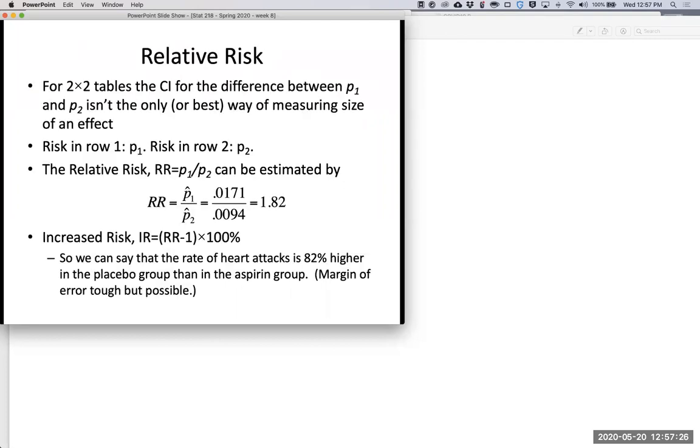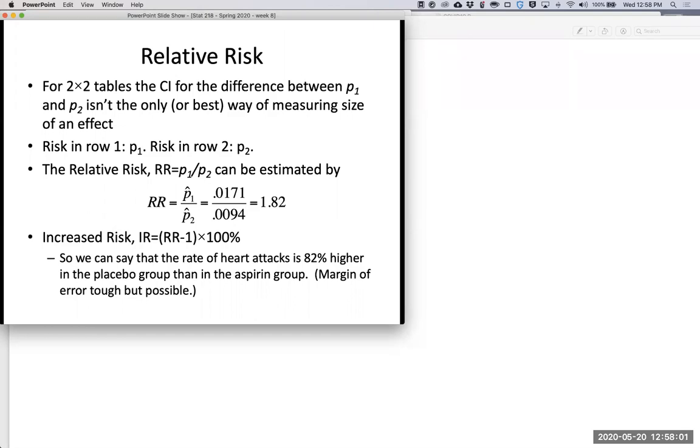So P1 is the risk of a heart attack if you are taking the placebo, top row, risk of the event of interest. P2 is the risk of the event of interest in the second row, the aspirin taking row in this case. So my relative risk is P1 over P2. It's 0.0171 over 0.0094, 1.82.